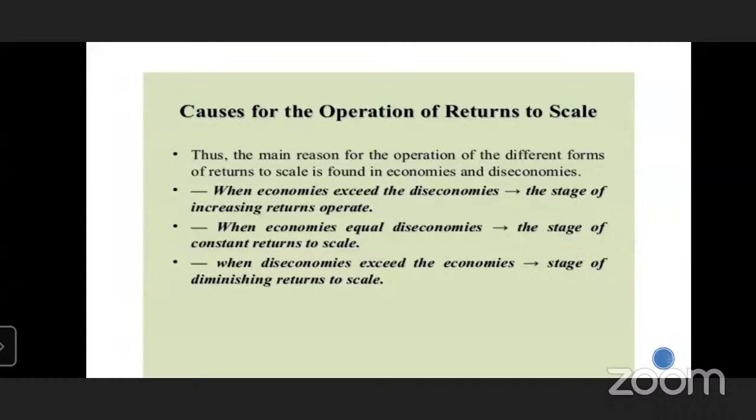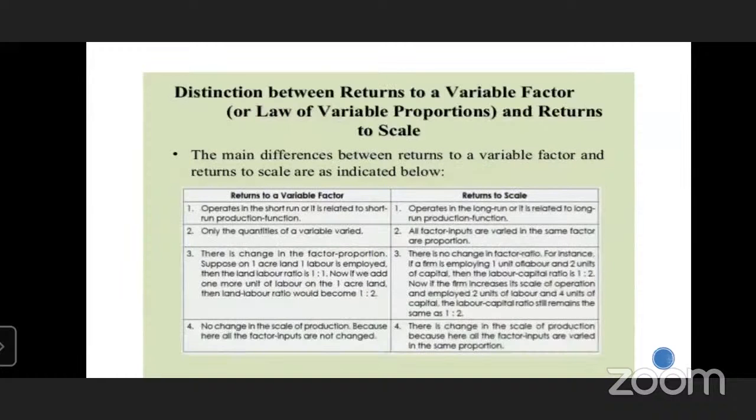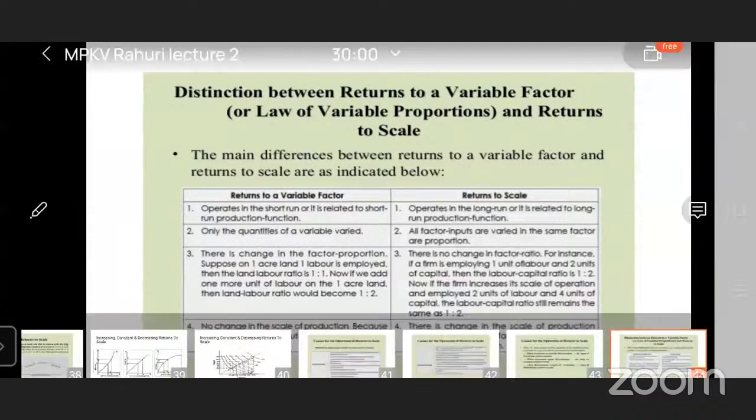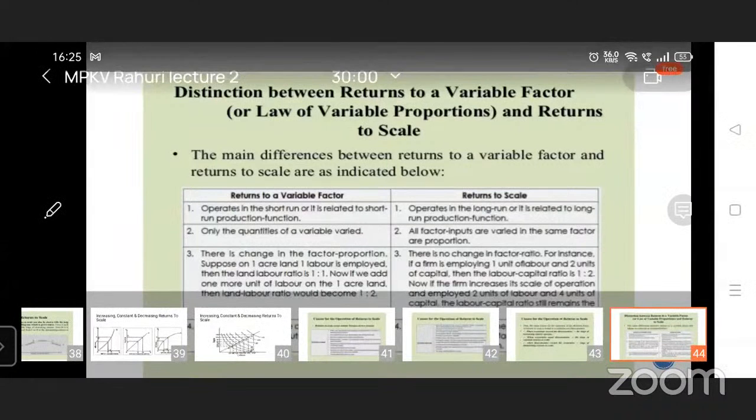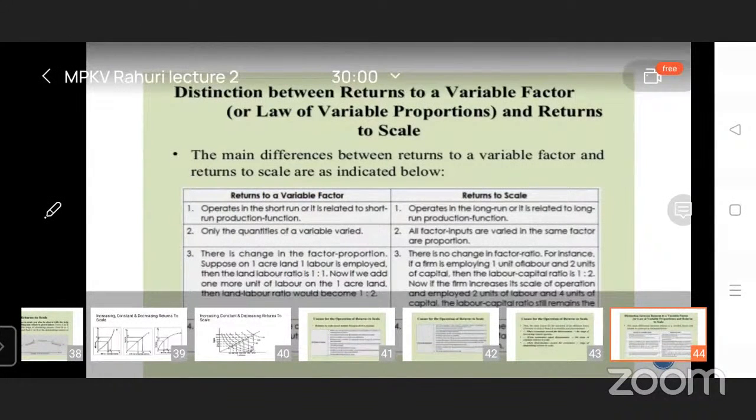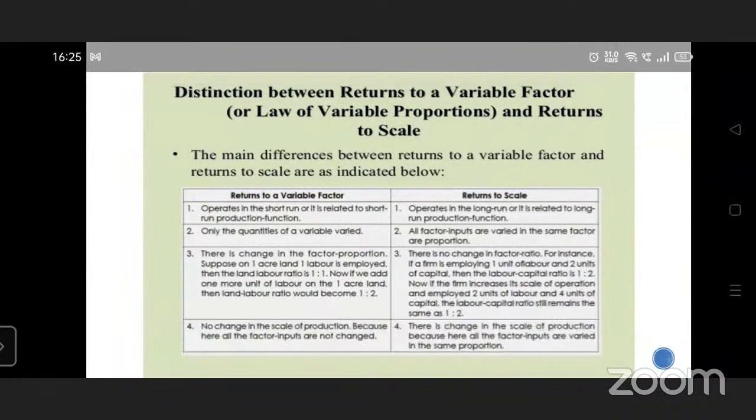So they ask, when economies exceed diseconomies, we have increasing returns to scale. When economies and diseconomies are equal, we have constant returns to scale. And when diseconomies exceed, it is diminishing returns to scale. Okay. So these are the differences between law of variable proportion and returns to scale.